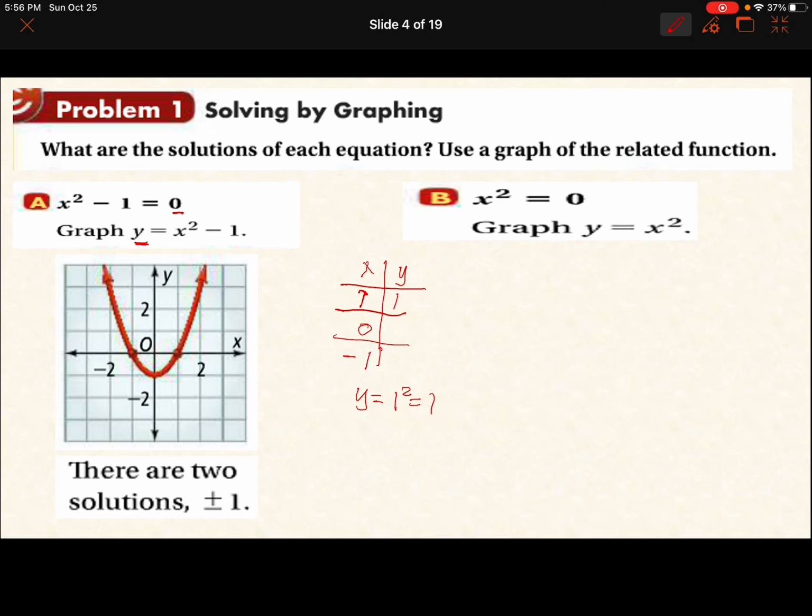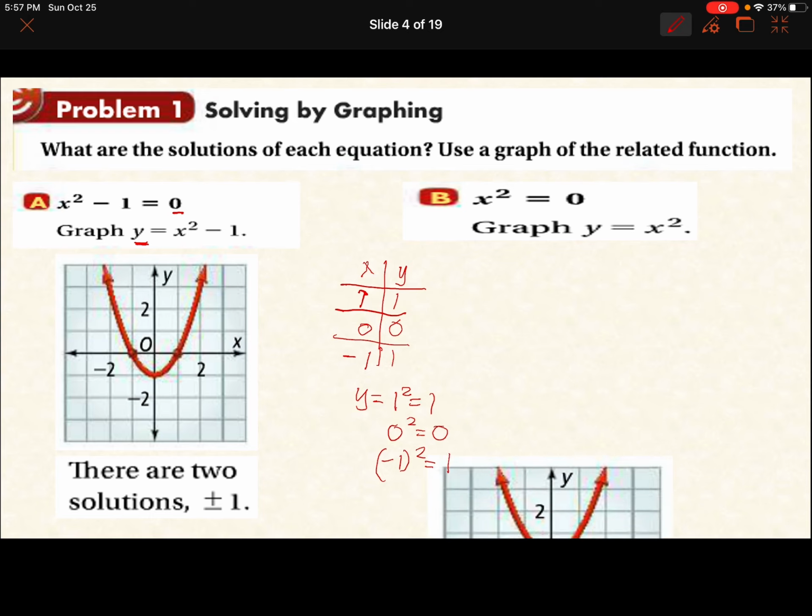What is the value of y if x is 0? 0 squared, 0 times 0, is 0. Y is 0 when x is 0. And then when x is negative 1, you have negative 1 times negative 1, that is 1.